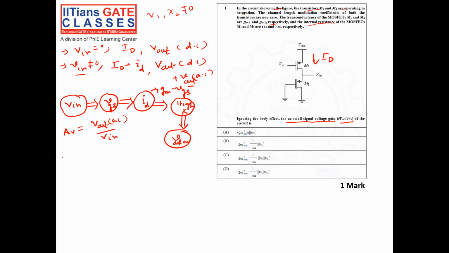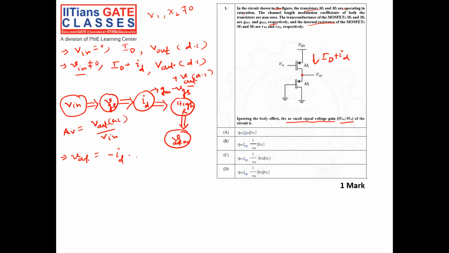So first, if you see here, there will be some AC current flowing through the node. My V out will be minus ID into the total resistance at this node, the total resistance at this node with respect to ground.